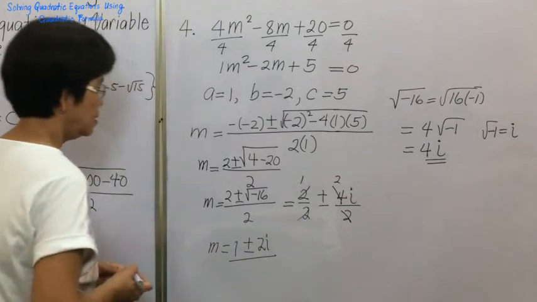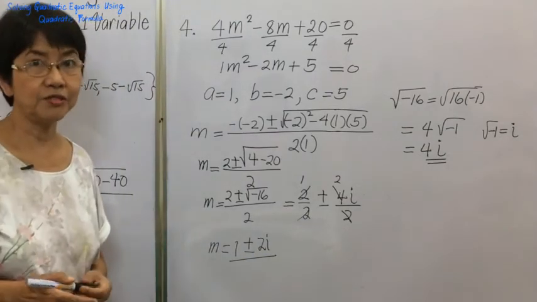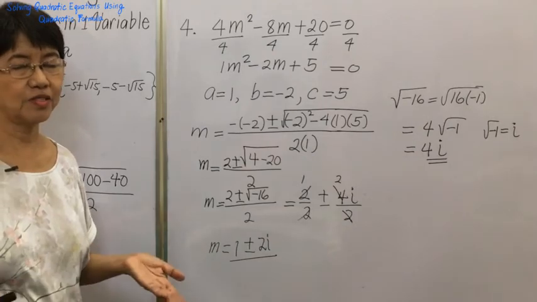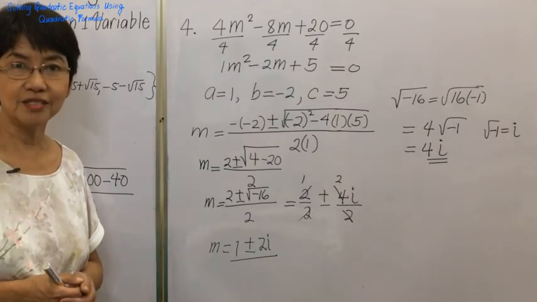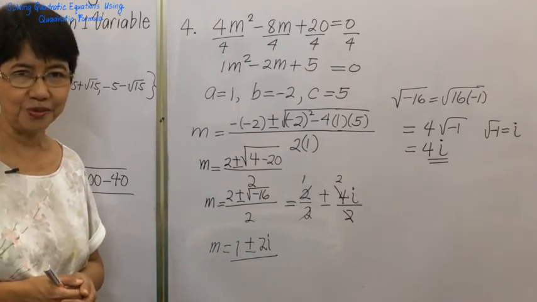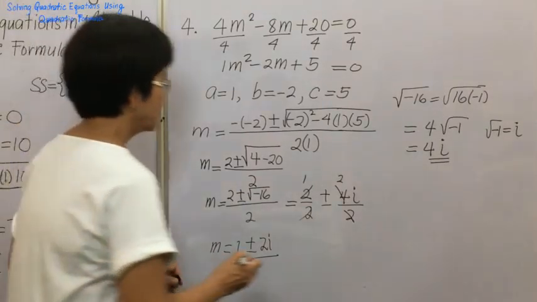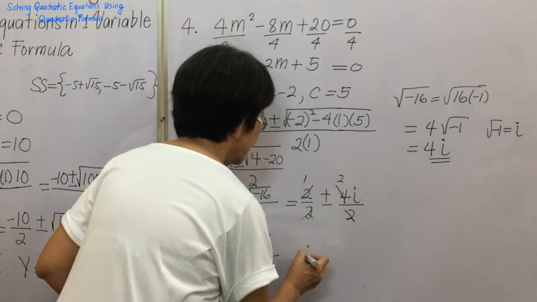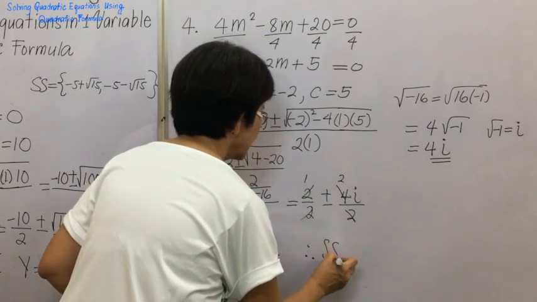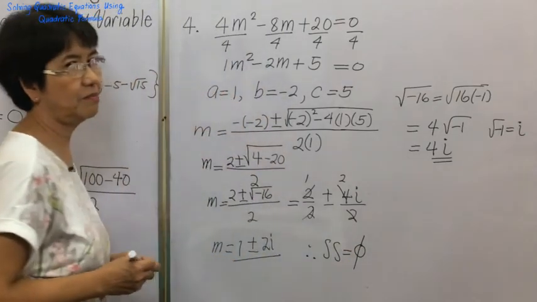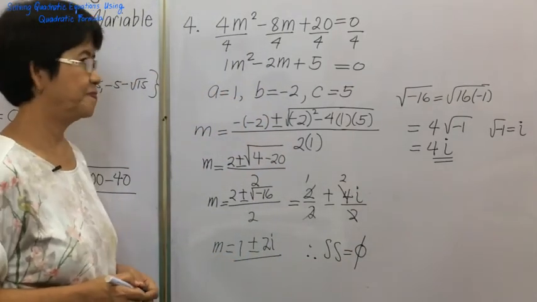But just seeing the imaginary number in the result enables us to determine that there is no real solution. So the solution set is empty. This is the symbol for empty set, a phi.